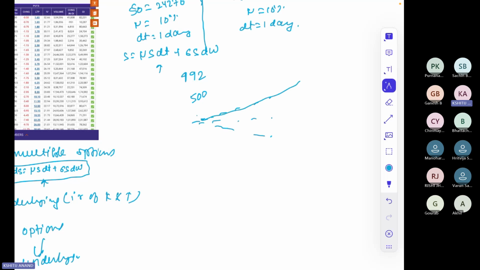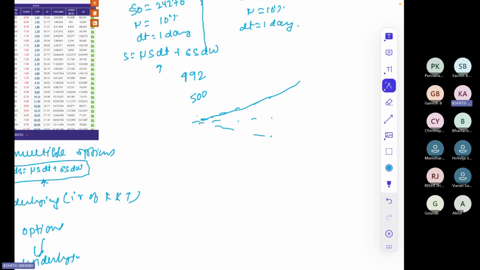In that case, I would not be selling this option at a lesser premium, because if the expected volatility in the future is high, there is a good chance that it will cross 500, and I would lose money. So in the Black-Scholes model, the input that is expected is the actual volatility, or in a sense a mixture of the volatility that we are expecting in the future, not the historical volatility.